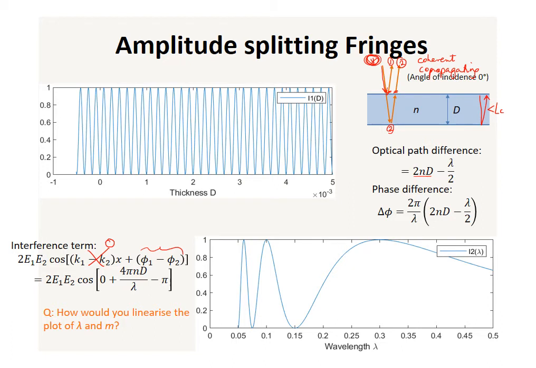However, it's reflected off a medium that has a higher refractive index than the incident medium, so it's undergone a phase shift of half a wavelength. If we multiply the optical path difference by 2π/λ, that gives us our phase difference. And I've inserted this into the interference term expression down here.